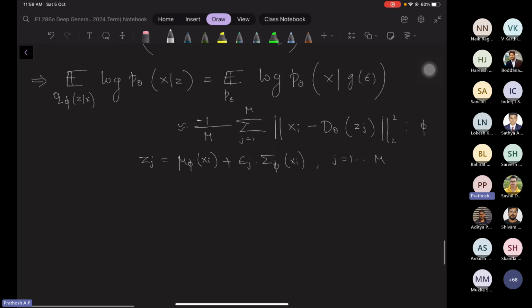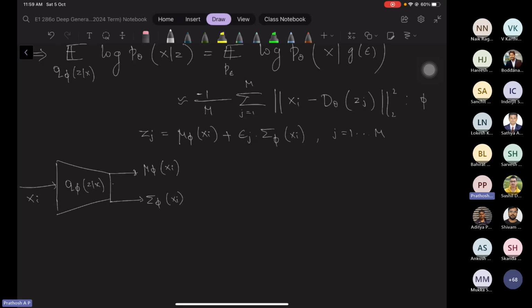So now how do we do one training iteration of the encoder? One iteration of the encoder is as follows. I'll write that now. You have xi as an input. This is the Q phi network. This will give you mu phi of xi and sigma phi of xi.